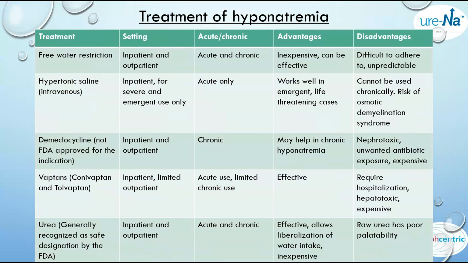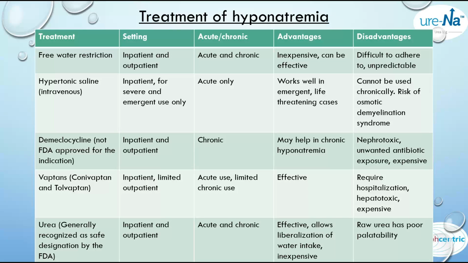In the next slide, the treatment options of hyponatremia are depicted in a tabular format so that you can look at all the advantages and disadvantages of some of the treatment settings. As you see over here, free water restriction, in the inpatient and outpatient setting, in acute and chronic setting, can be inexpensive and effective, but difficult to adhere to due to the unpredictability of the outcomes.